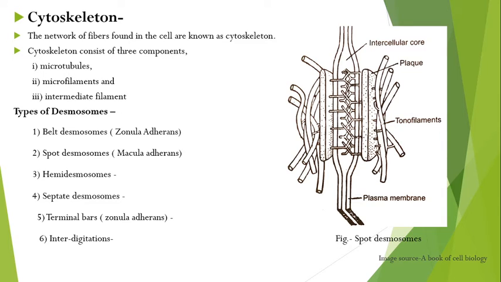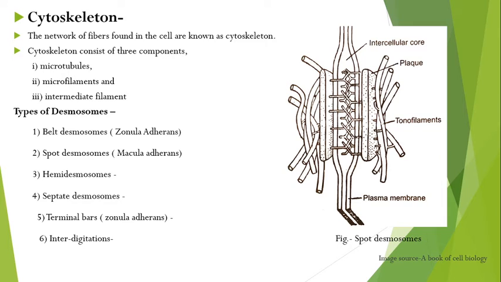Under the electron microscope, the belt desmosomes form a band that girdles the inner surface of the cell membrane. This band possesses a web of 6 nanometer actin microfilaments and another group of interwoven intermediate filaments or tonofilaments of 10 nanometers.